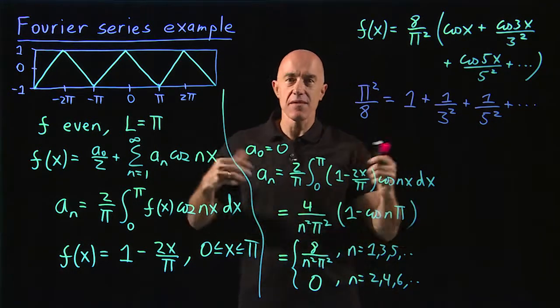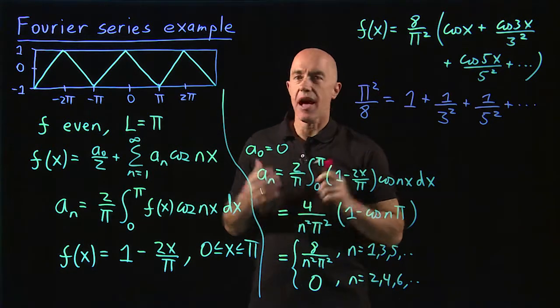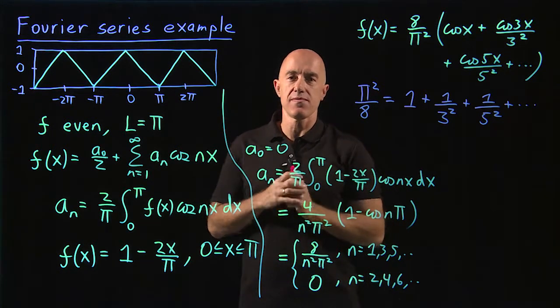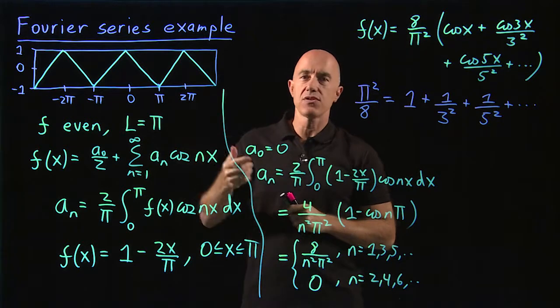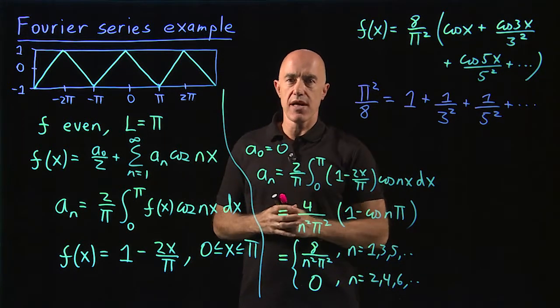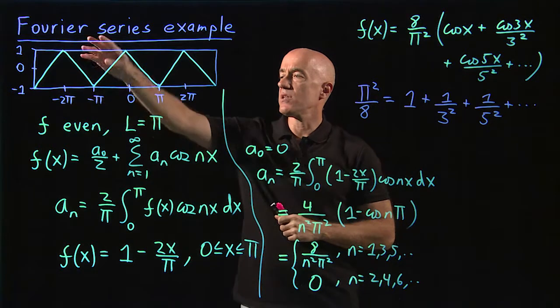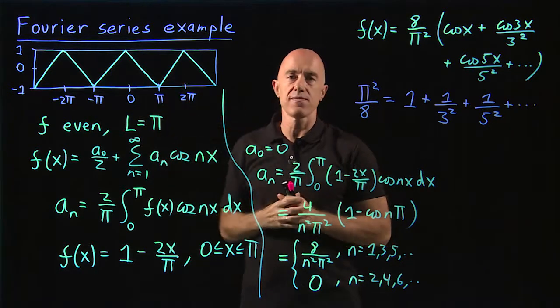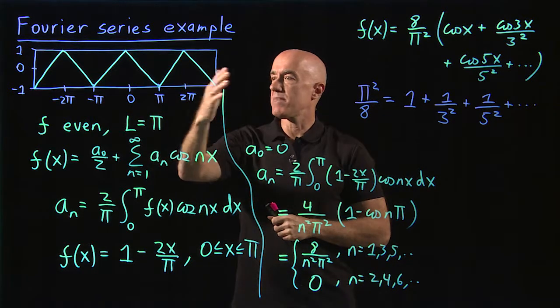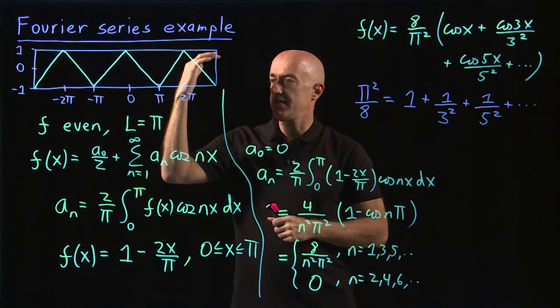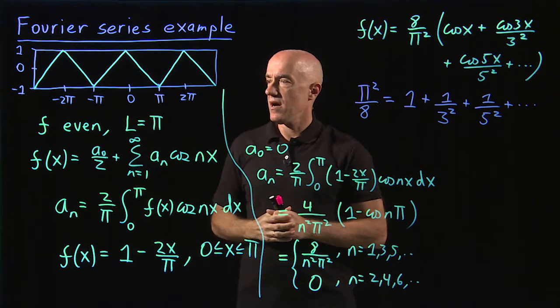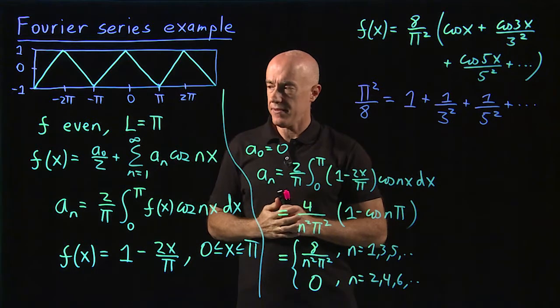Okay, so let me review. I wanted to give you an example in this lecture of how to compute a Fourier series. Here we look at the triangle function. We set it up so that it is an even function with period 2 pi.